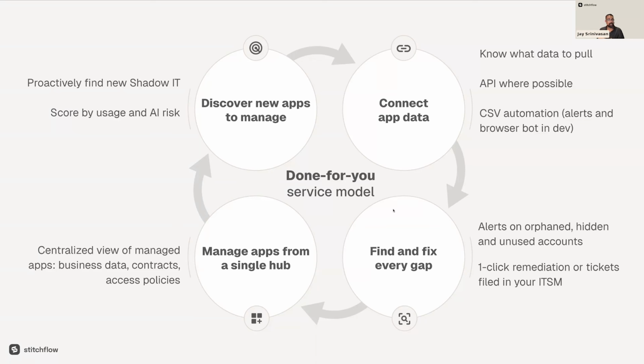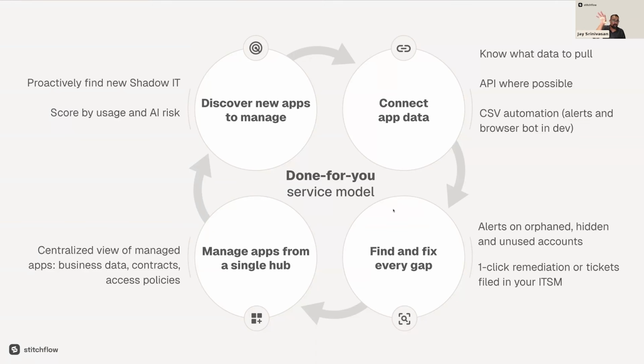We stitch together all of your data, keep it up to date, constantly audit every single application. If anything is orphaned, hidden, or unused, you get alerted, and then you can remediate that in Stitchflow or through your ticketing system. This is all stitched together into a single hub where you have a centralized view of all of your managed apps, your business data, your access policies, your contract information.